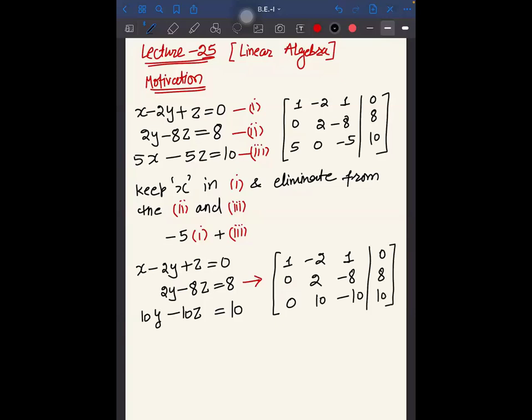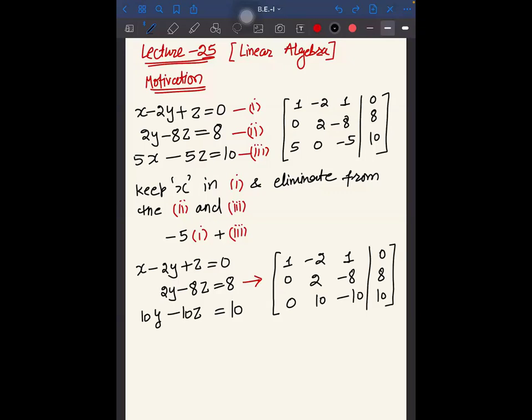Right. So now let's try to rationalize things. You can divide the second by 2, and you can divide the third by 10.